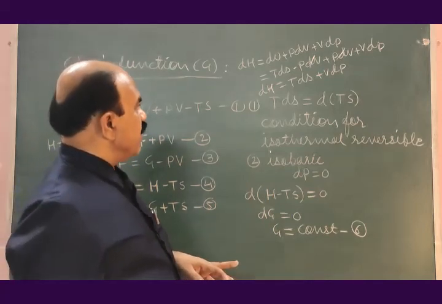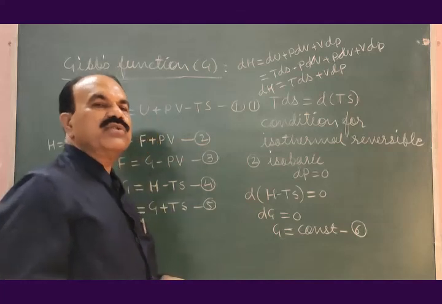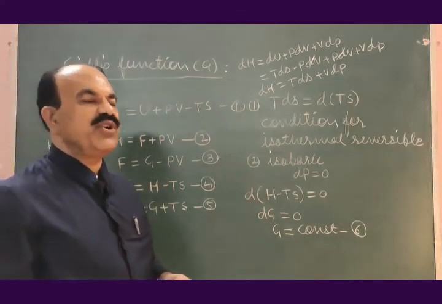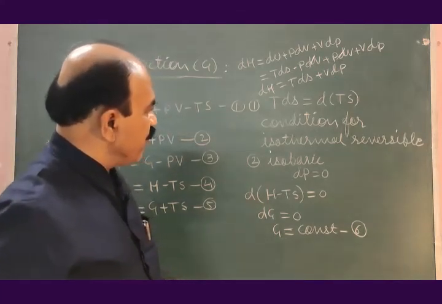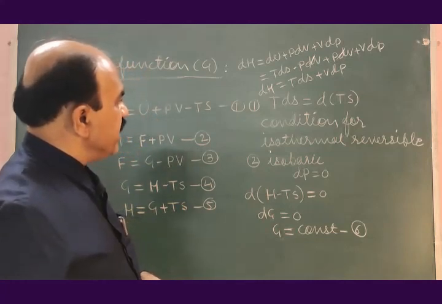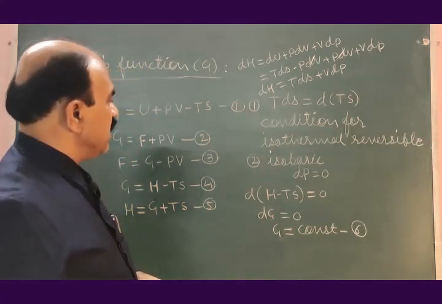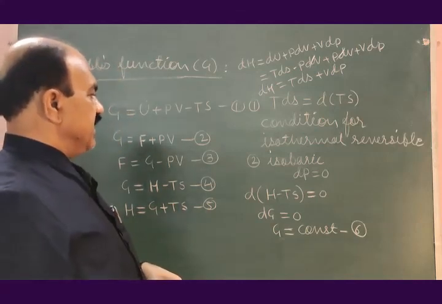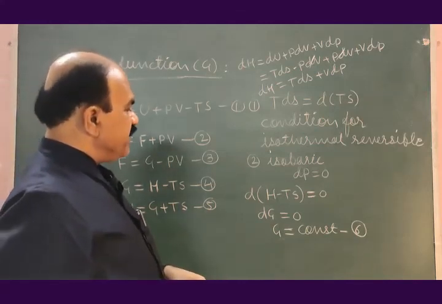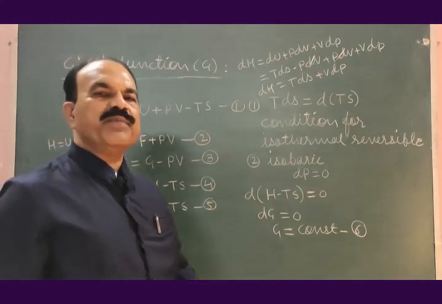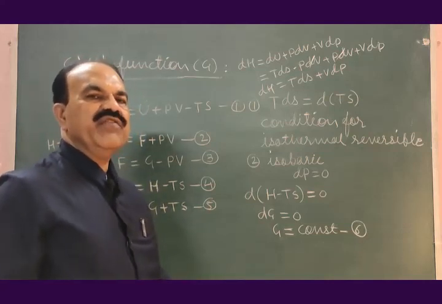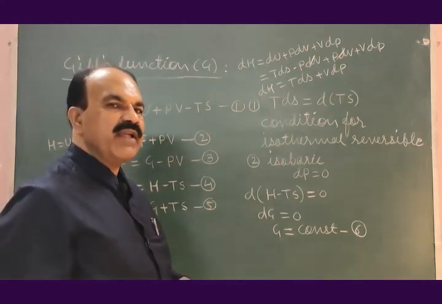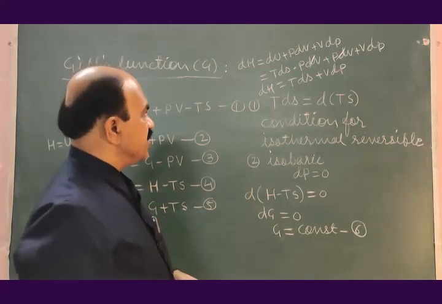This is about the fourth thermodynamic potential, that is for isobaric, isothermal, reversible process, the Gibbs free energy or Gibbs function for the given thermodynamic system is constant.